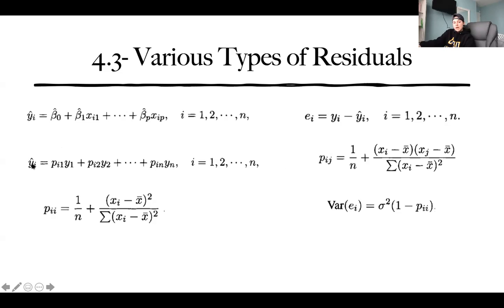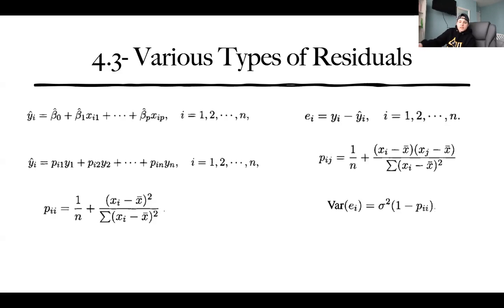We can write that as y sub i hat, which is equal to p sub i1 times y sub 1, adding up all the terms till we get to our highest term, which in general is represented by p sub in times y sub n, where the p sub ij's are the quantities that depend solely on the values of the predictor variables. So we're not going to take into account the response variables here, solely the predictor variables.